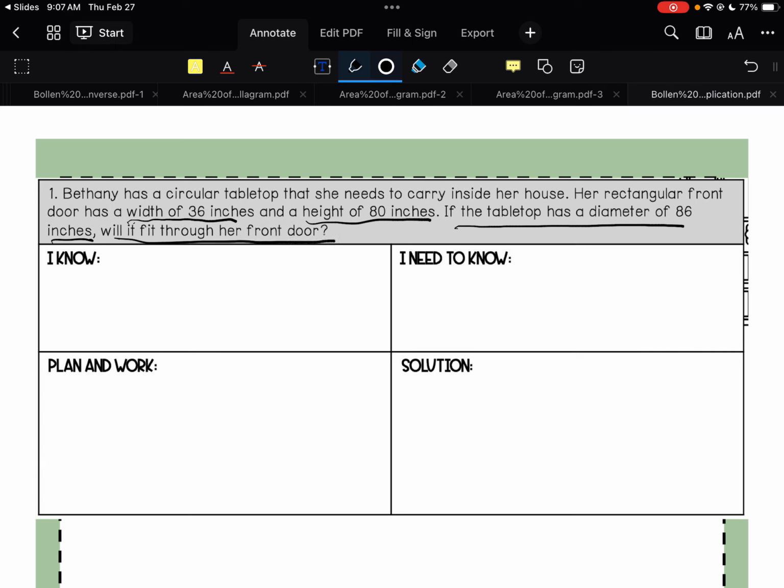So you know that her door is rectangular. You know that it has a width of 36 and a height of 80.